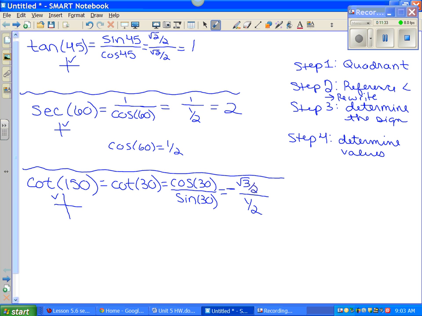We don't like complex fractions. So we have to multiply by the reciprocal of the denominator. So negative square root of 3 over 2 times 2 over 1. Good. Both simplify, and I'm left with negative radical 3. Good. Nice job. These are tricky. They take time, and they take practice.